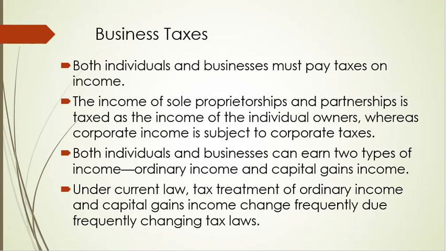Under current law, the tax treatment of ordinary income and capital gains tax changes frequently due to changes in the tax code. Currently, long-term capital gains are taxed at a lower rate than ordinary income. Now, with some recent changes, there's a lot smaller gap between those two tax rates.